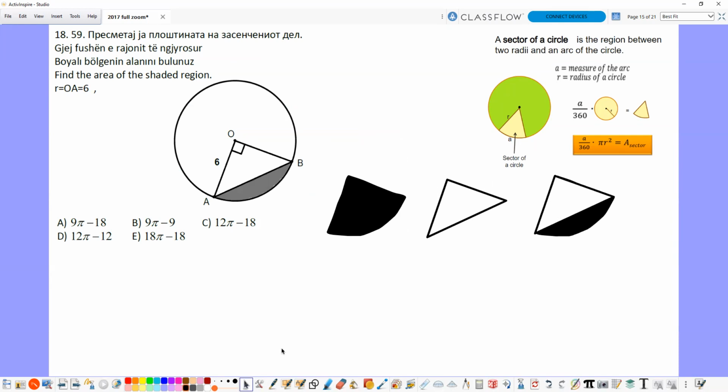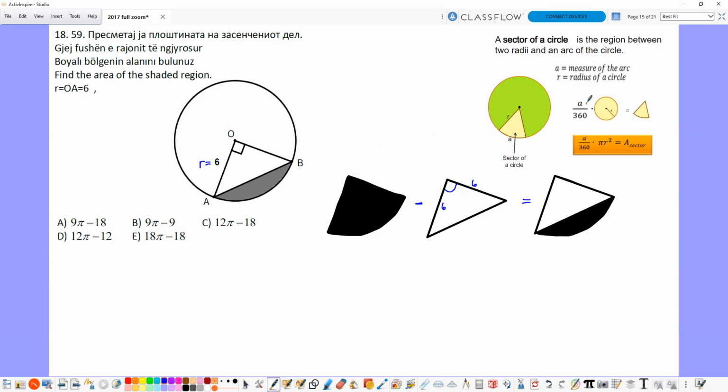If I show like this, this part minus this part gives you the sector part. Here this is 90 degrees, we know that one. So this is a right triangle, and the sides are 6 and 6, which are at the same time the radius also. The formulas are written here, how to find the area of the sector.